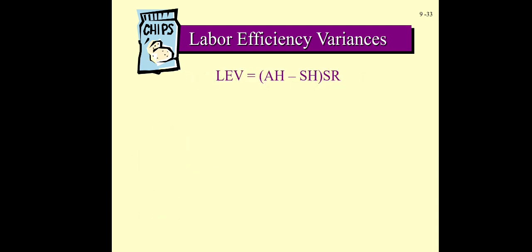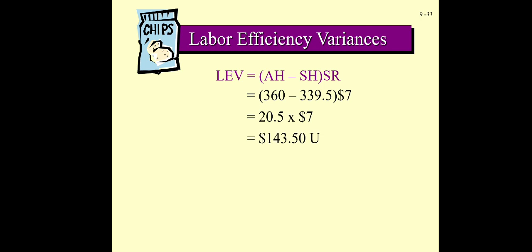Okay, use the numbers in the previous slide. Actual hour is 360. Standard hour is 339.5 hours. The standard rate is $7. So the result of the calculation is $143.50 unfavorable. Why unfavorable? Because the actual hour is higher compared to the standard hours.